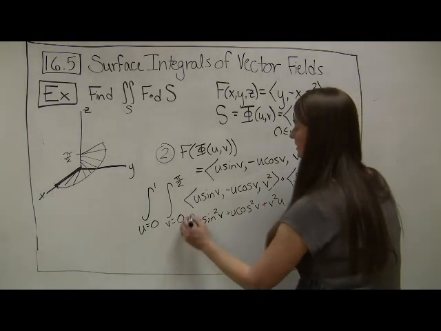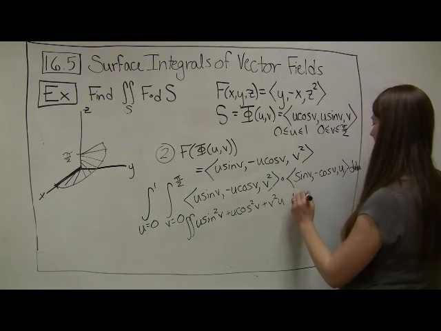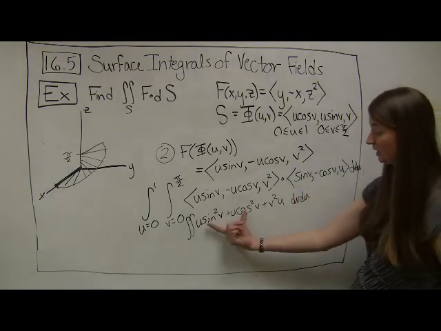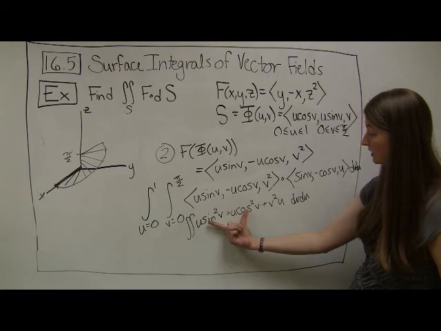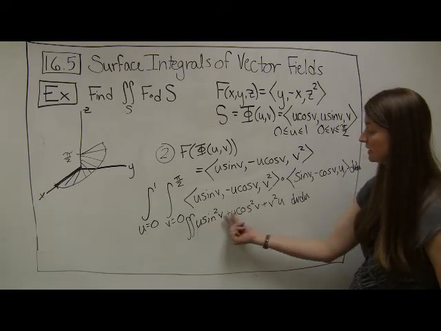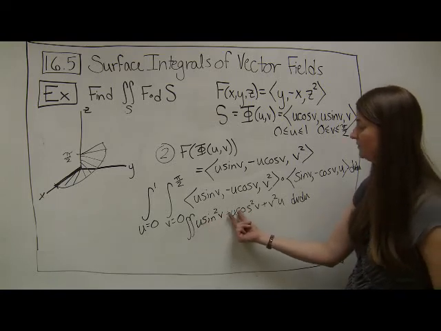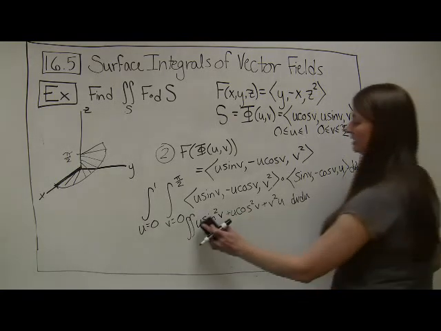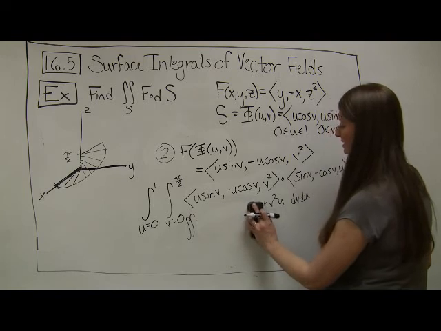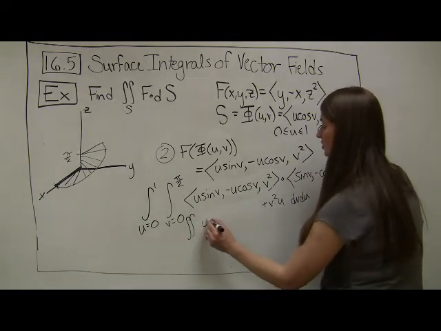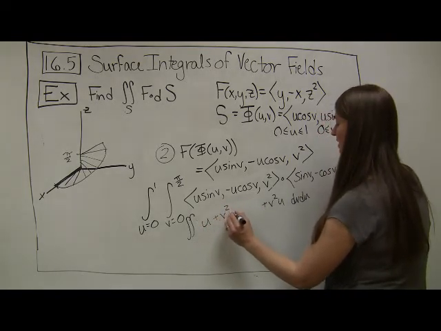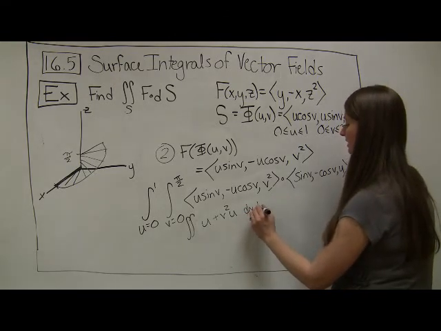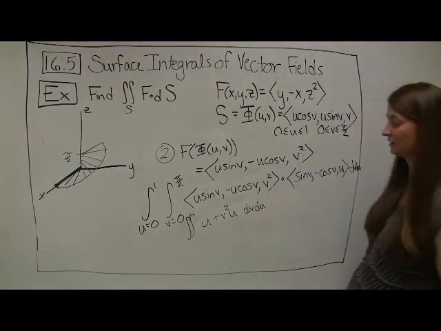This is all a double integral dv du. Now I'm going to do some tricky algebra and see that u is the same coefficient on each of these. I factor out the u, sine squared plus cosine squared is 1. So this actually just simplifies into being u plus v squared u dv du, which isn't that bad at all to integrate.